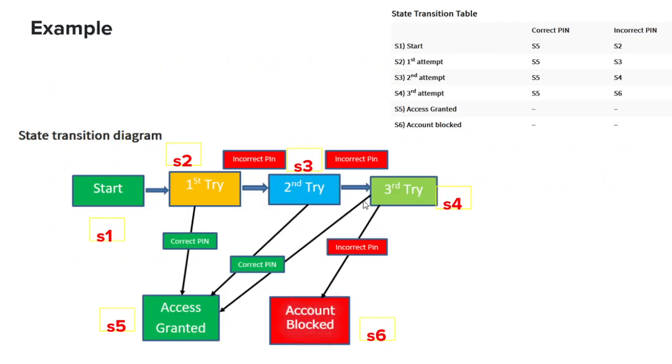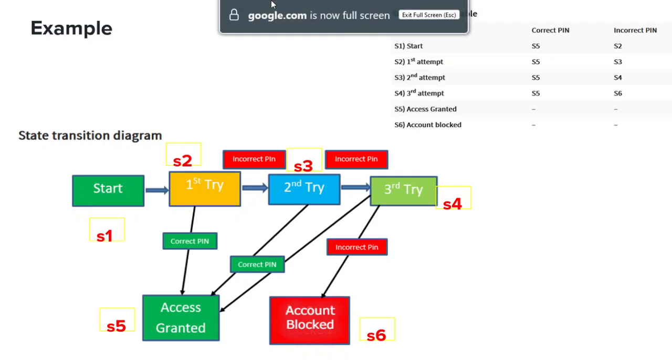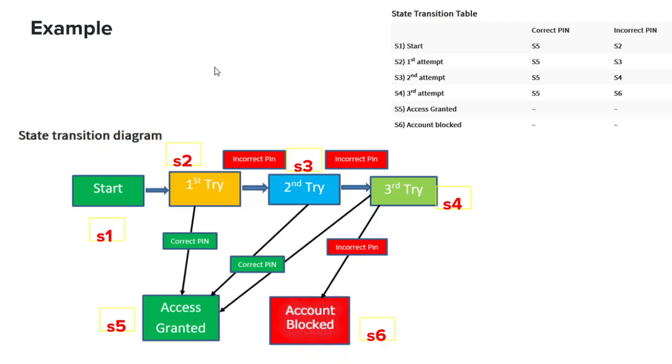So this is basically a state transition diagram. It is the same example which we have explained earlier. So let's consider a login screen, let's say the login screen of some banking application. In that login screen, if the user enters the correct username and correct password in the first attempt, then we should allow that successful login.